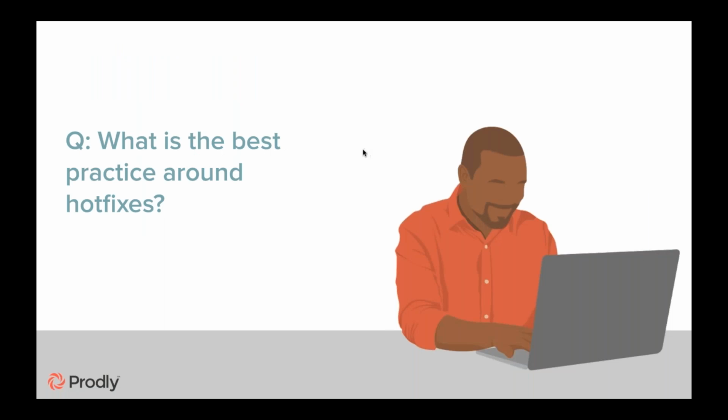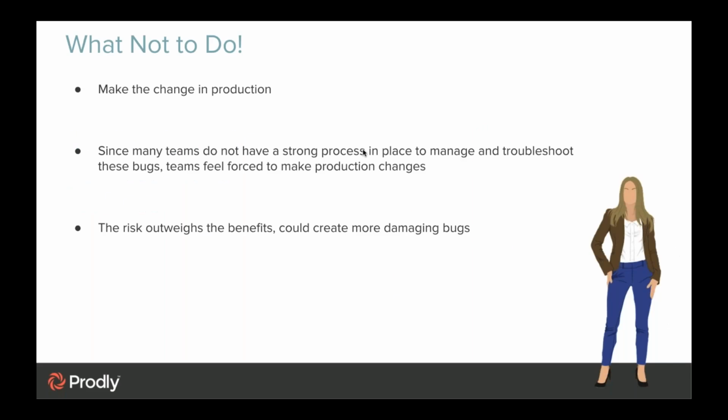And what would you say the best practice is for making these hotfixes? Well, sometimes we run into situations where admins and dev teams don't necessarily have strong processes in place to predictably and repeatedly manage some of these issues. So what we try to say is, hey, don't make the change in production.